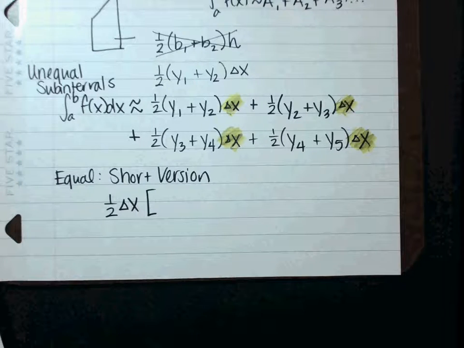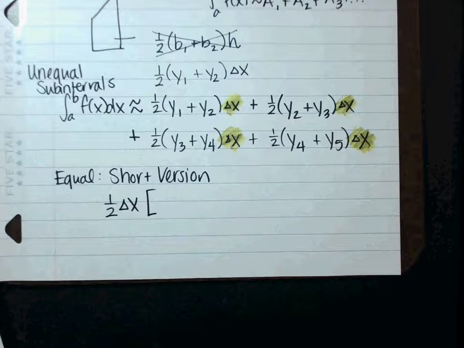But think about there's a pattern. I would have y1 plus y2, what would come next? y2 again plus y3, what would come next? y3 again plus y4, and then y4 again plus y5. What are the only bases that only get added once? The first one and the last one.